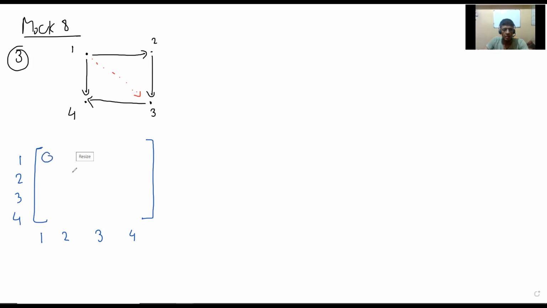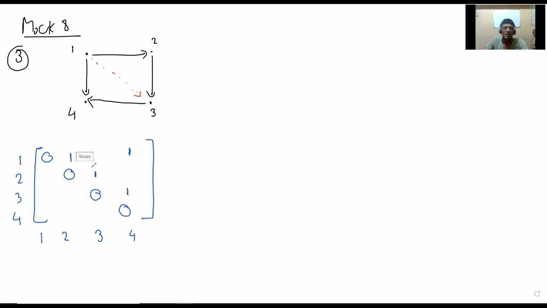And similarly, 2, 2, 3, 3, 4, 4. These are all 0. And 1, 2 is 1, 2, 3 is 1, 3, 4 is 1. And then there is 1 to 4, so that will be 1 here.